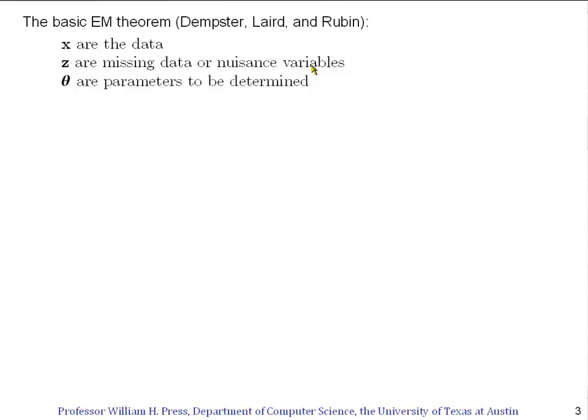So actually we're going to get two theorems here for the price of one. It's the same theorem, but you can interpret it in two different ways, depending on whether you want to view z as missing data analogous to x, or nuisance variables in the parameters in the fit analogous to here, the third thing we've got, theta, which are the parameters that we're interested in.